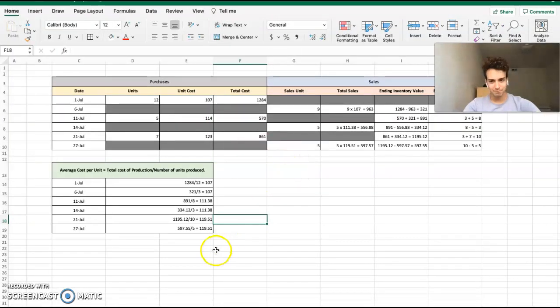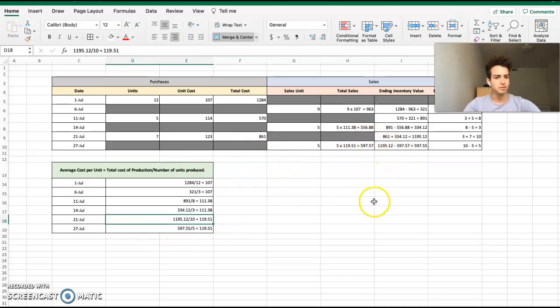Anyway. And then the last one, you'll take 5, multiply it by 119.51, which was the previous average cost. And that will give you this value right here, 597.57. Subtract these two, 1195.12 minus 597.57, and that will give you 597.55.